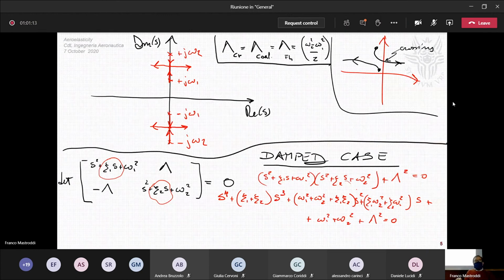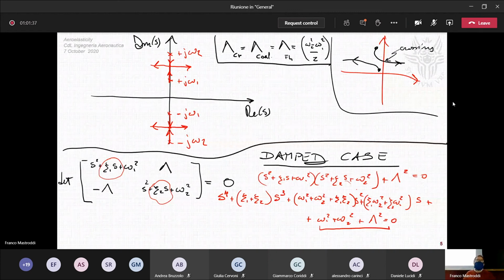The damping, the terms of the force depending on the velocity, are not able to affect the static stability. So with the damping effect, static instability cannot occur, because this term is not influenced by zeta. Okay?